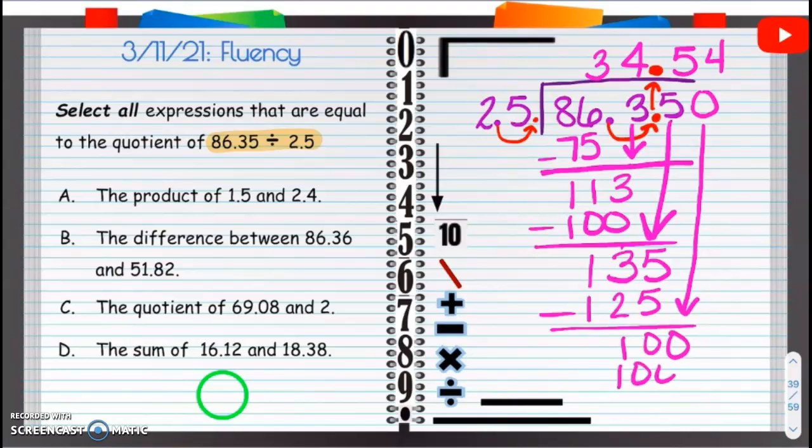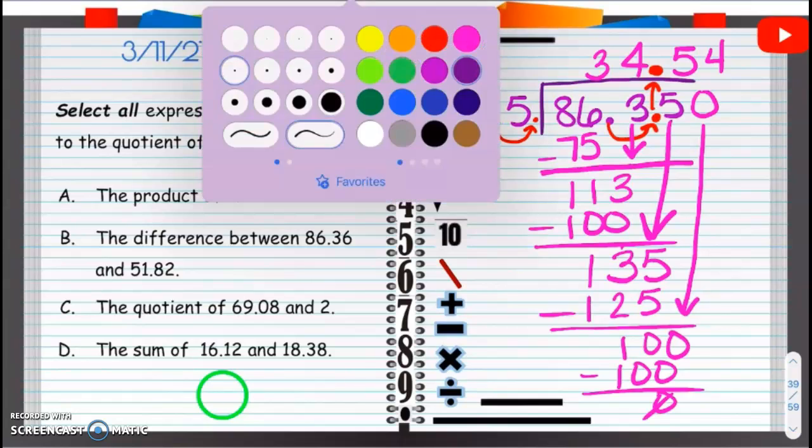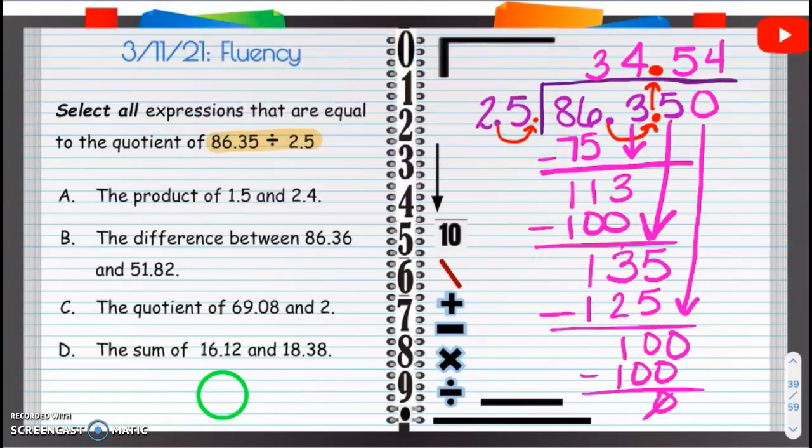You do get 100, and there's no more remainders. We did have to extend that a little bit, but that's okay. So what's equal to that is going to be 34 and 54 hundredths.